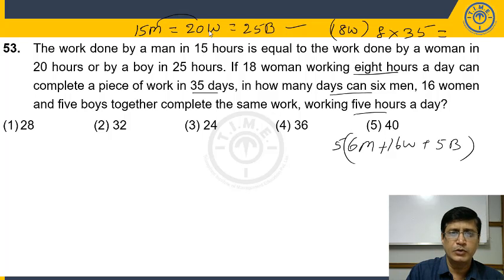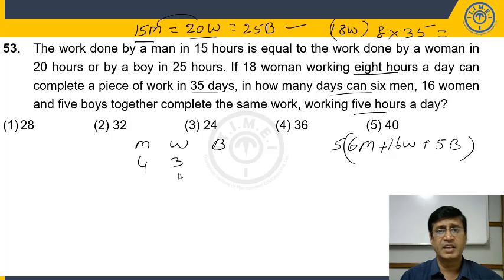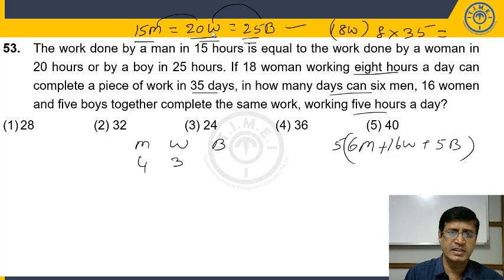M by W is equal to 20 by 15, which means 4:3. That is the efficiency. Similarly, observe the efficiency of the woman and the boy. W by B is equal to 25 by 20, that is 5:4.